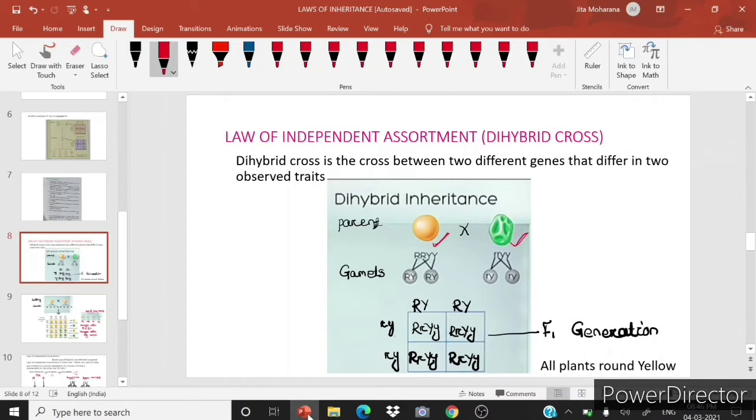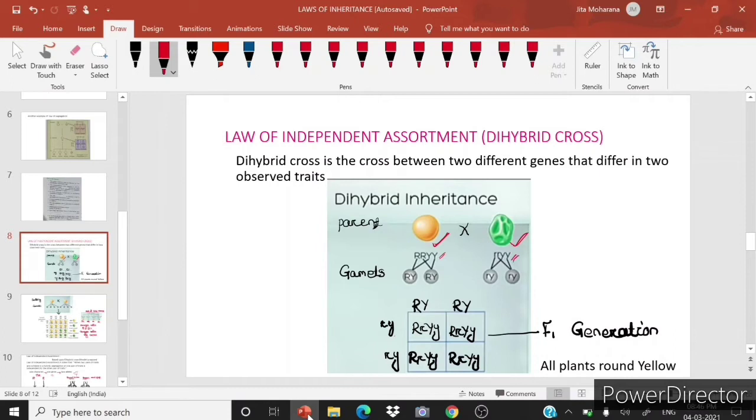The round yellow seeded plant had genotype capital R, capital R, capital Y, capital Y, whereas the wrinkled green seeded plant had genotype small r, small r, small y, small y.